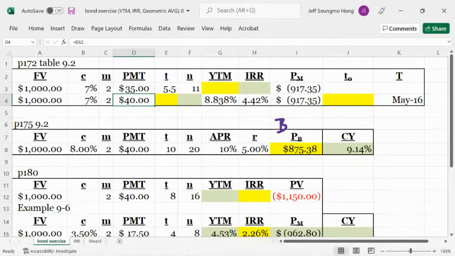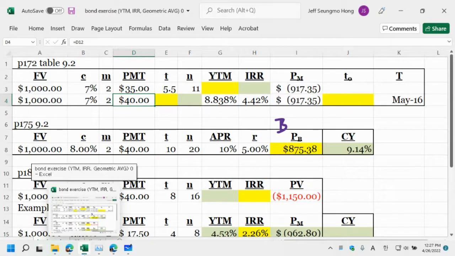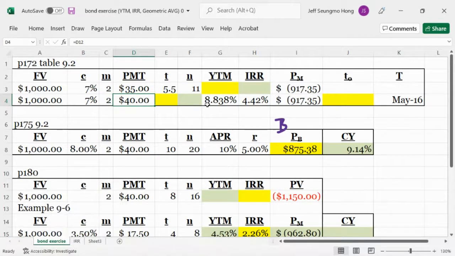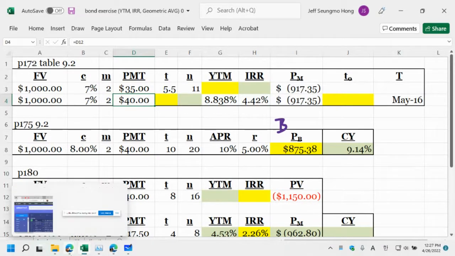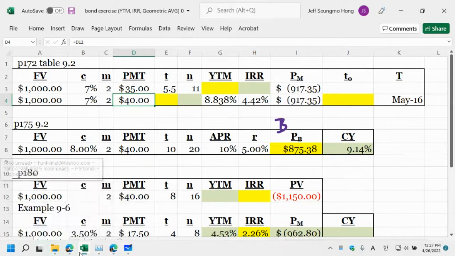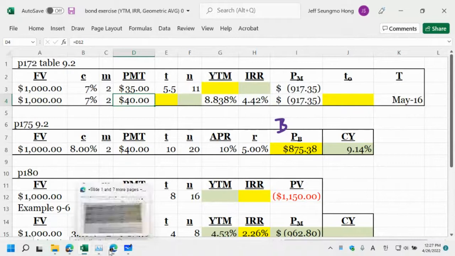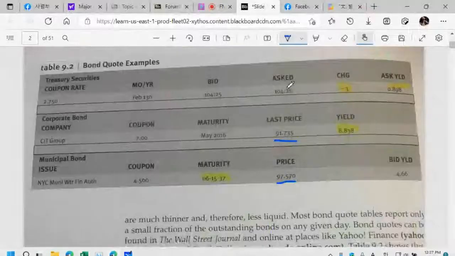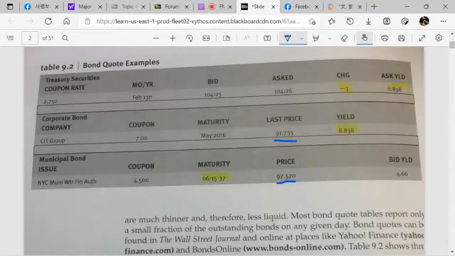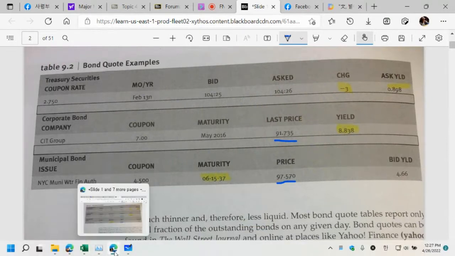Where did this come from? It was given, right? 8.38. So that was all given.